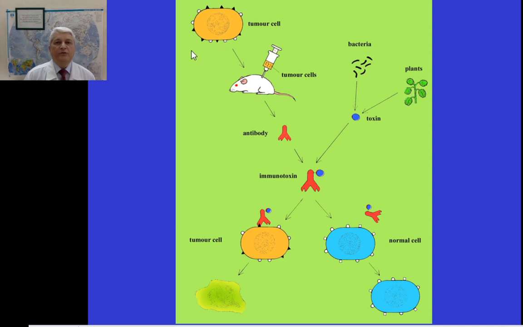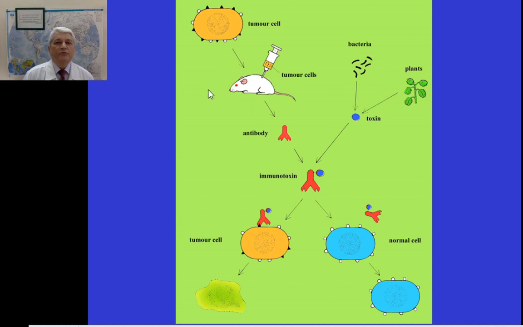On the surface of the malignant tumor cell there are different antigens. For example, these black triangles show the specific tumor antigens. Then we take these cells from the organism of the patient and use them for immunization. So look, there are tumor cells inside of this syringe.